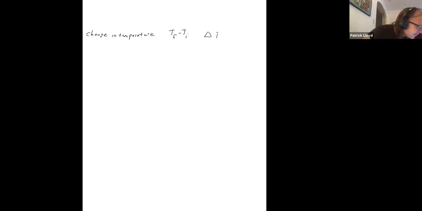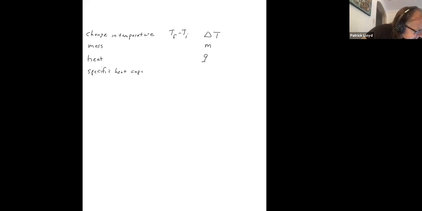Then we have mass, and the symbol we're going to use for that is an M. And then we have heat, and the symbol we're going to use for that is Q. And then we have specific heat.